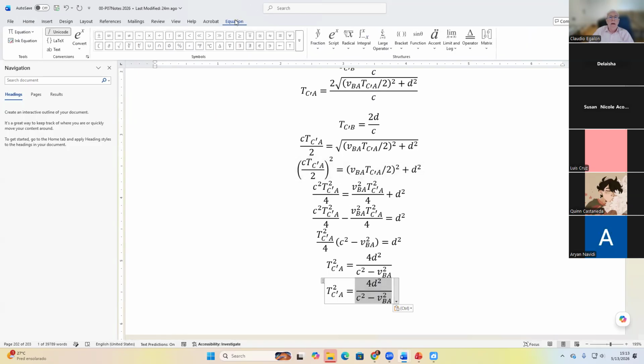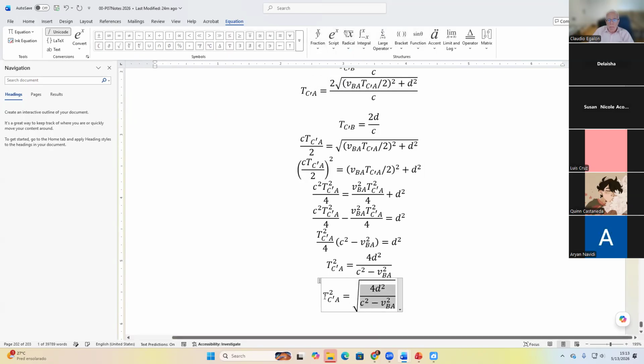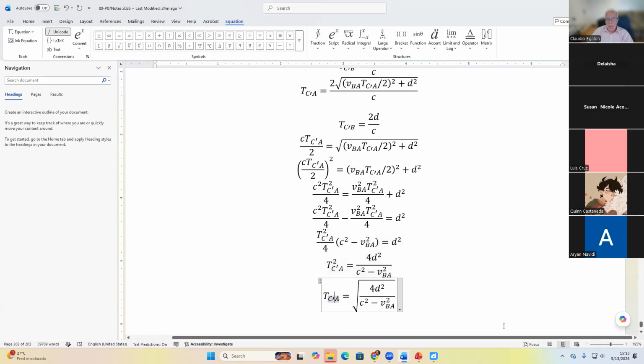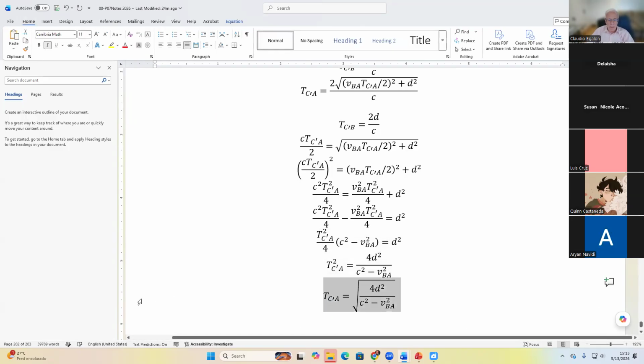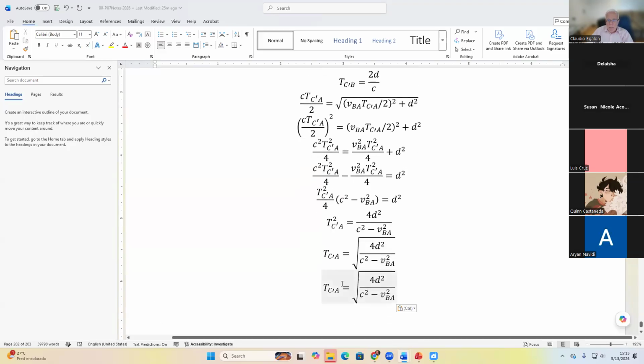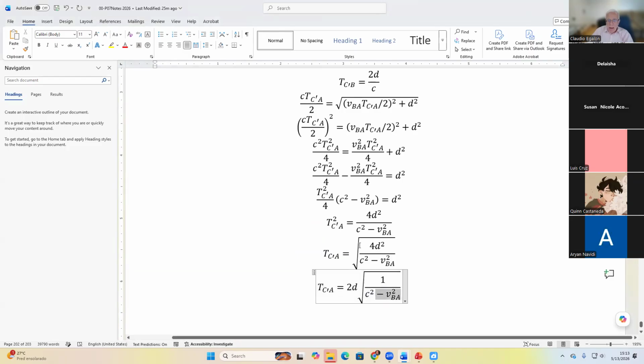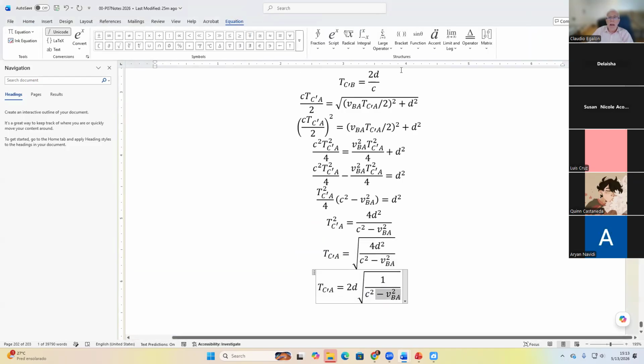And when we do that, TCA, and then I put the prime later on. We can do better than that. We can put the 2 and the d on the outside of the square root. Let's see if we can do better than that. Yeah, there is one more thing that we can do to simplify, to put this equation in the standard format.